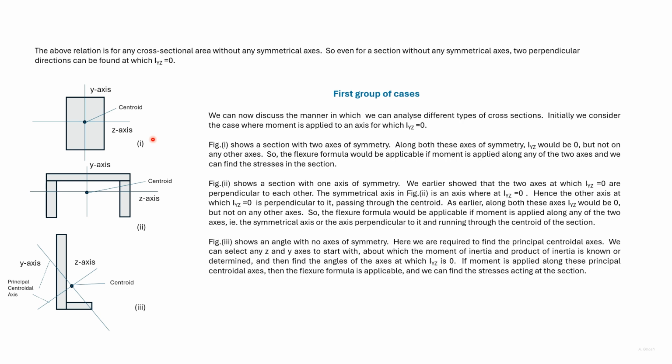The flexure formula is used with each axis individually, and then the stresses are added up algebraically. With this section, which has one axis of symmetry, we just found out that for a section which has I_yz as 0 on one axis, the other axis with I_yz equal to 0 will be perpendicular to the first axis and pass through the centroid.